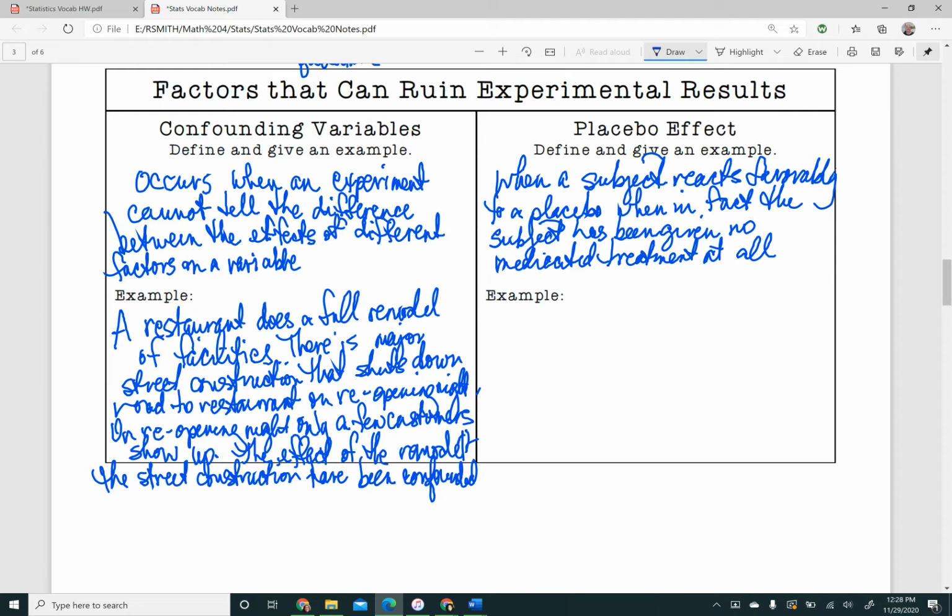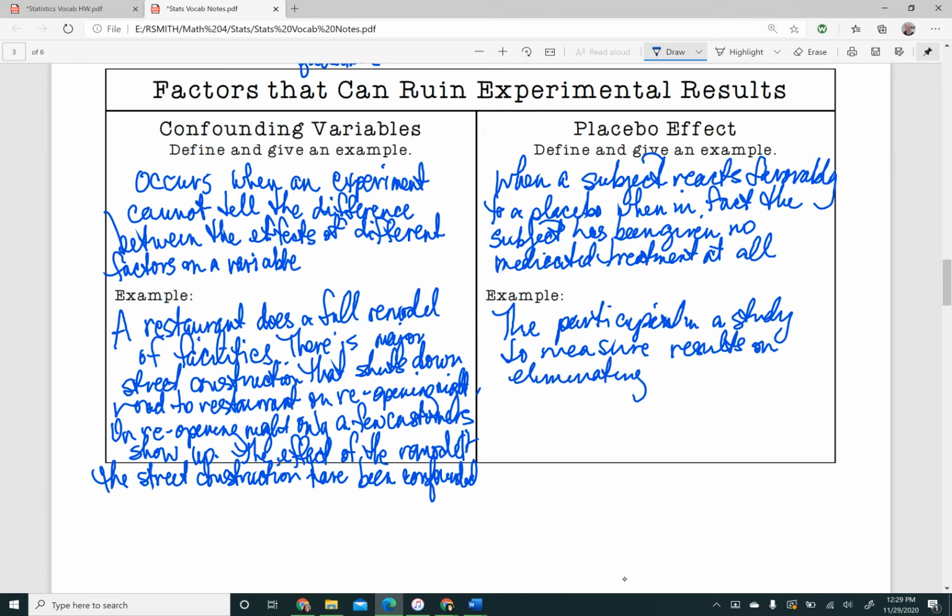So a participant in a study to measure results on eliminating migraines is given a placebo, which means there's no medicine, but reports her symptoms improve.